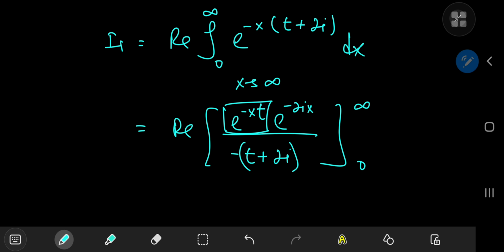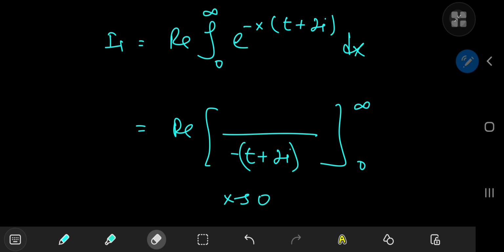And for the limit as x approaches 0, we have e to the 0 times e to the 0, which is, again, 1. And we have a negative sign here because we have to subtract the results of the upper limit and lower limit, so that cancels out the other negative sign quite nicely. So yeah, this is what we're interested in.